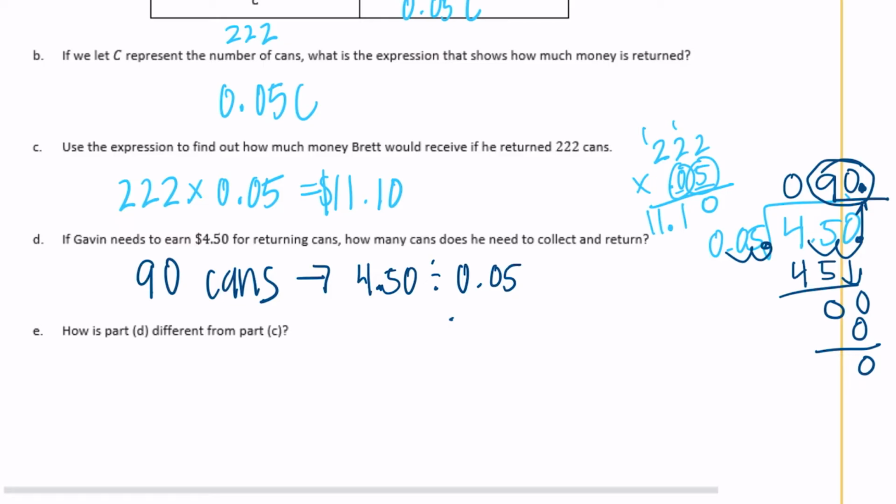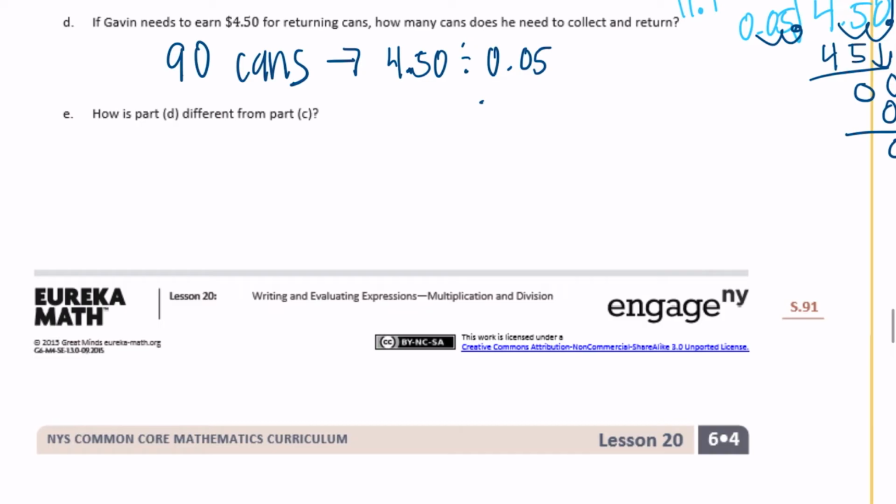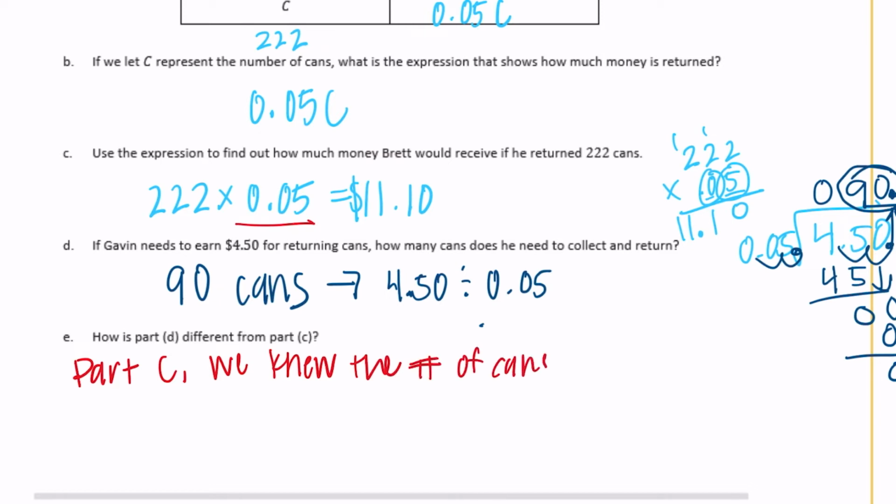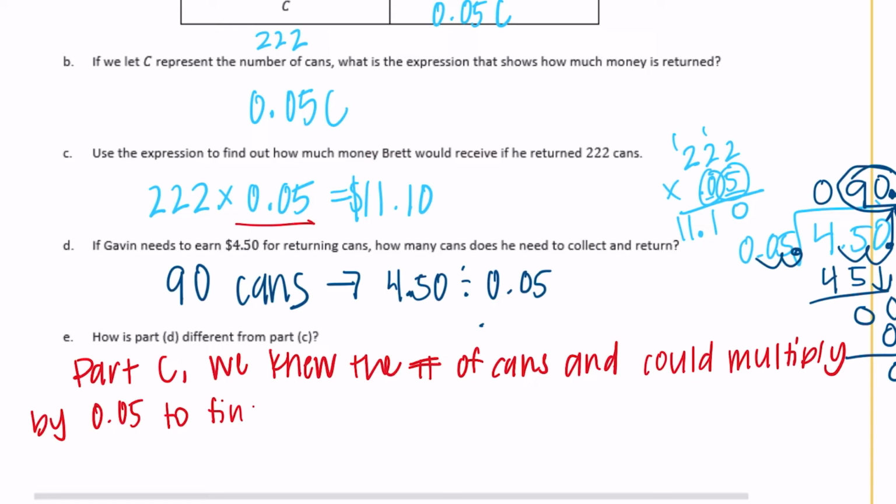How is part D different from part C? So in part C, we needed to multiply. Part C, we knew the number of cans and could multiply by 5/100 to find the amount of money he would receive.